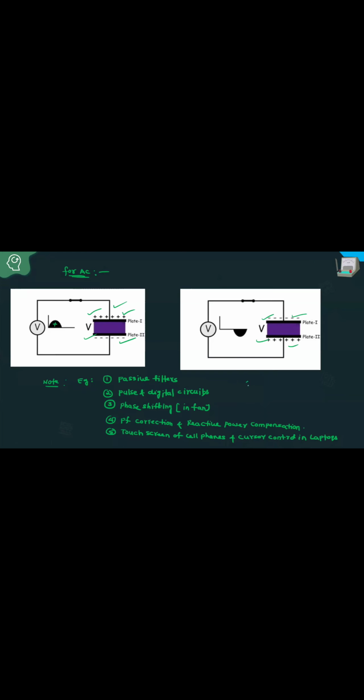Transmission lines also have a capacitive nature. These are some of the practical examples of capacitors.